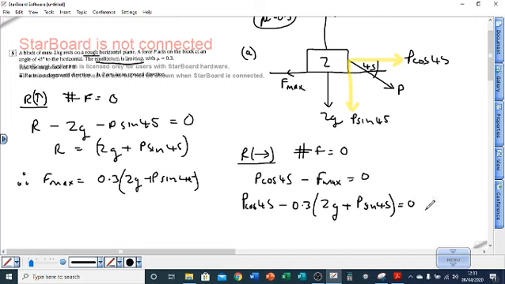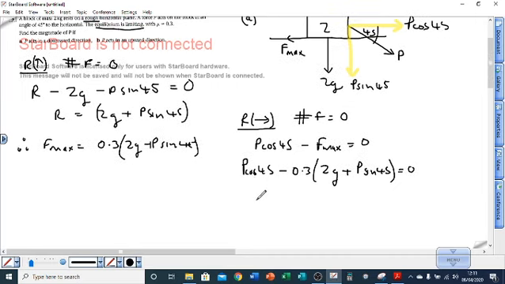Expanding this out and gathering the P's, I've got P cos 45 minus 0.3 P sin 45. That times that gives you a negative, which comes over, and that is equal to 2g times 0.3.